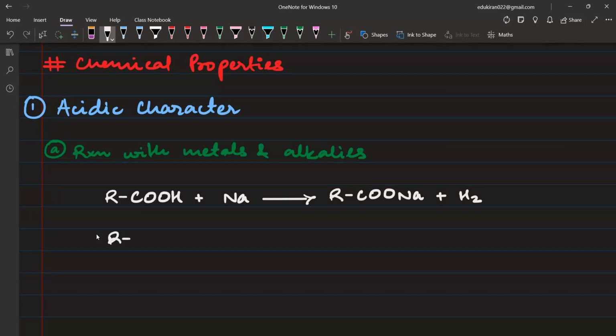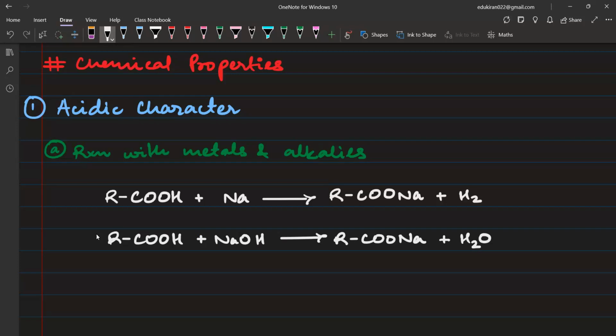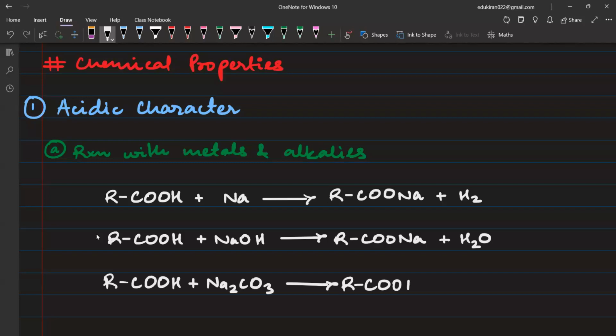Now carboxylic acid, that is RCOOH, can also react with sodium hydroxide NaOH, and it is going to give you RCOONa sodium carboxylate plus water, acid and base reaction. It can also react with carbonates. Okay, so you have RCOOH plus Na2CO3, that is a carbonate. You will get RCOONa plus CO2 plus H2O.